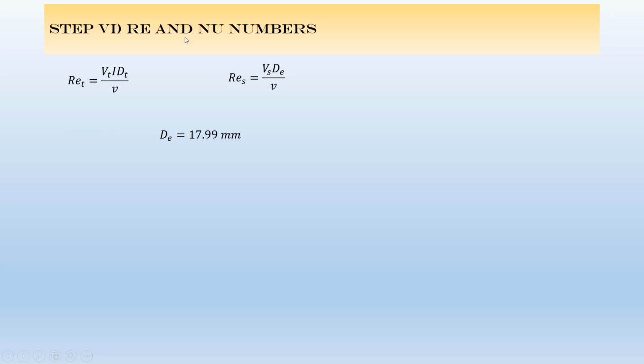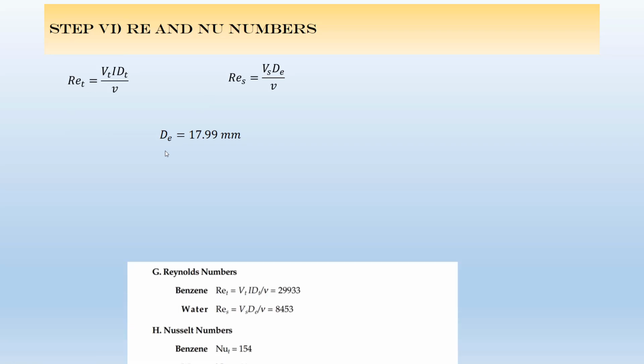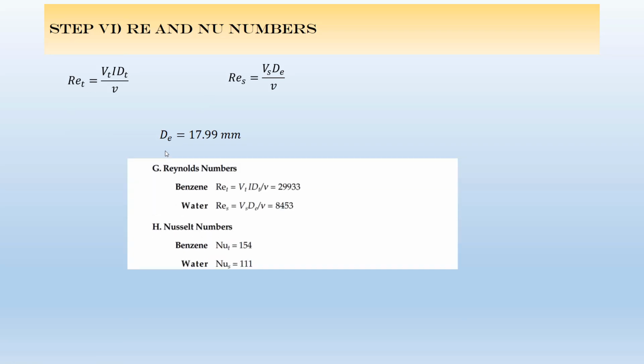And we already determined the equivalent diameter. So you have everything. If you just substitute into this equation, you can find the Reynolds number. Then, by using the equation for the Nusselt number, you can find the Nusselt number. Keep in your mind that both fluids are turbulent, tube side and shell side.